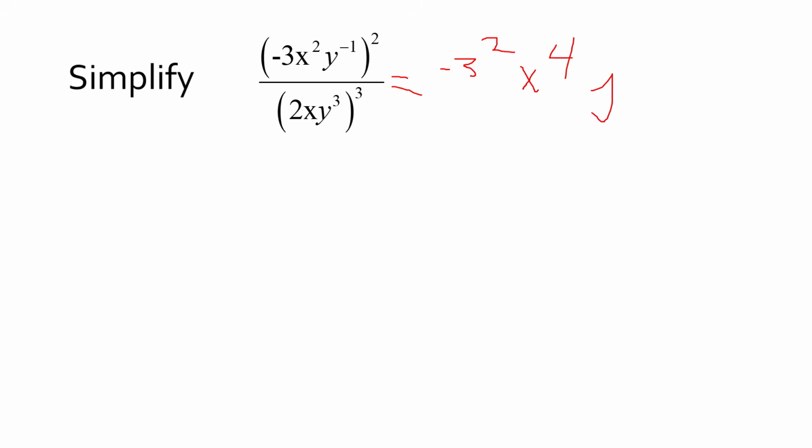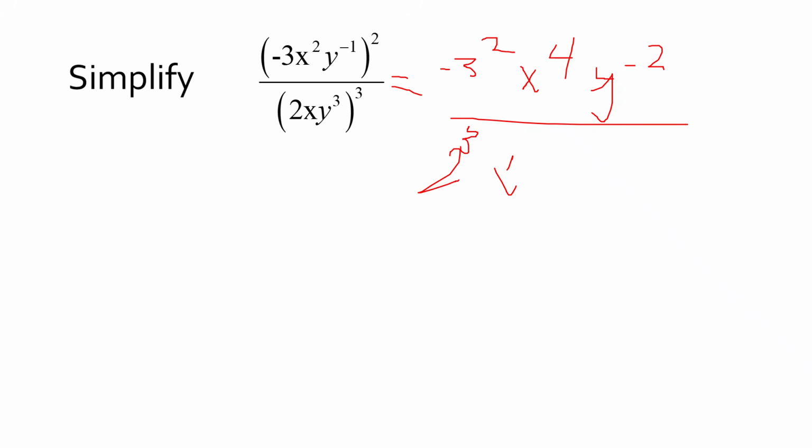Then for y, we have negative 2 over 2 cubed. My baby is being noisy again. 2 cubed, sorry.